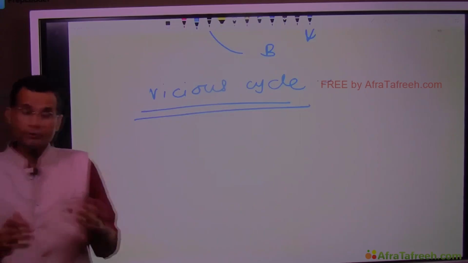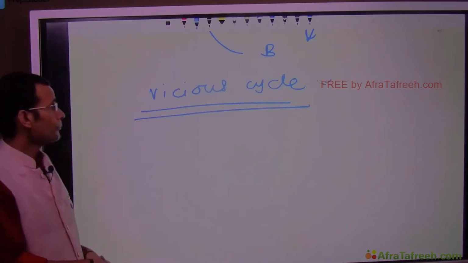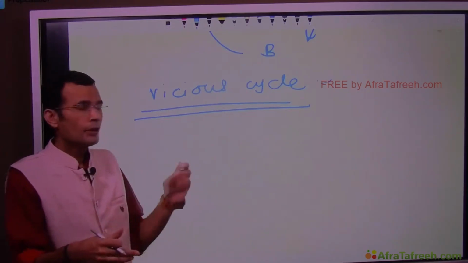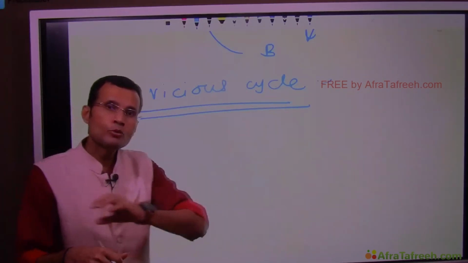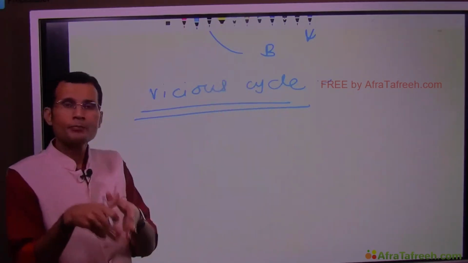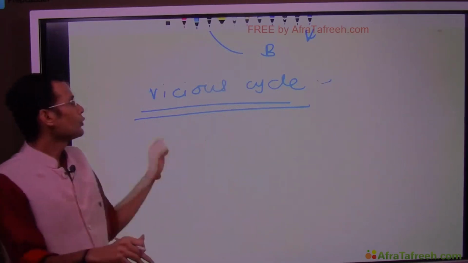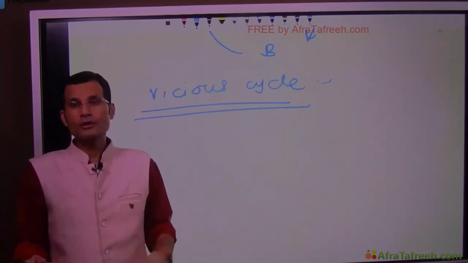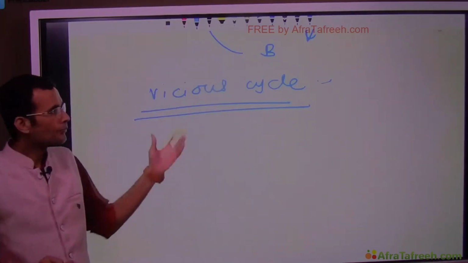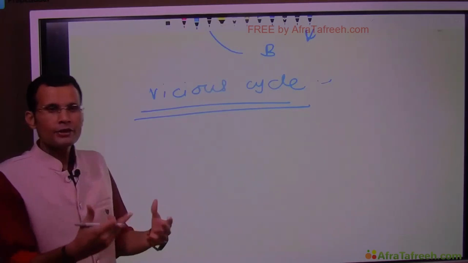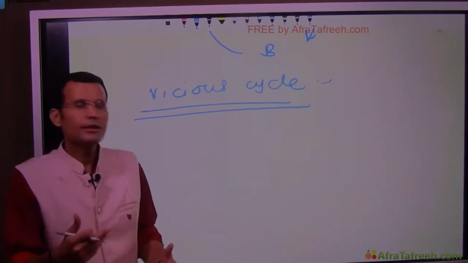Because if more and more of the same goes on happening, the control variable will move away from its set point. There will be a lot of disturbance, isn't it? So therefore it's not taken as a good feedback. Positive feedback is considered to be a vicious cycle in many cases.